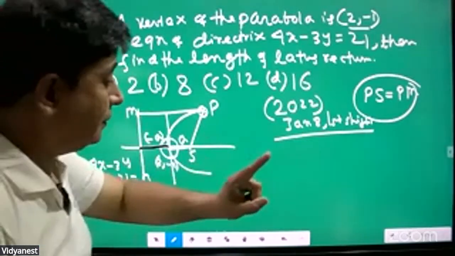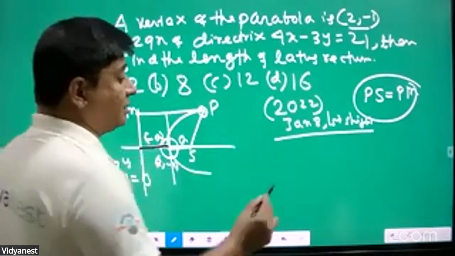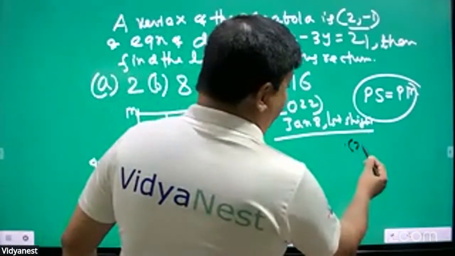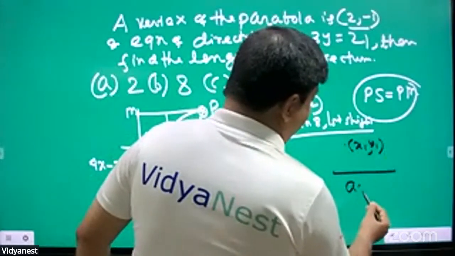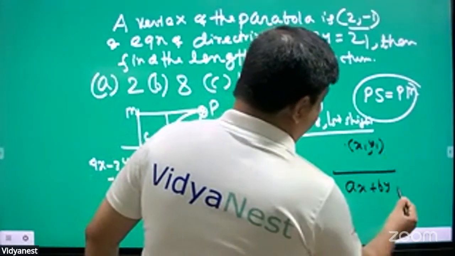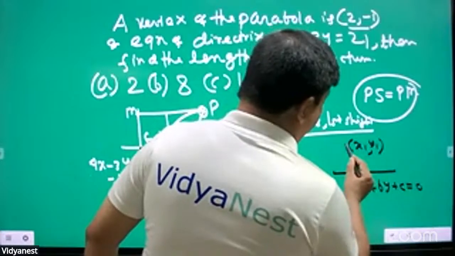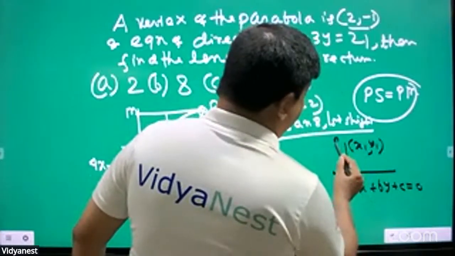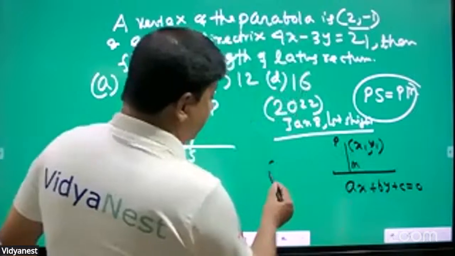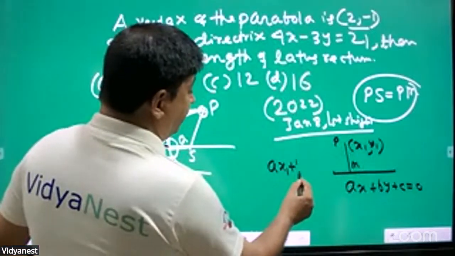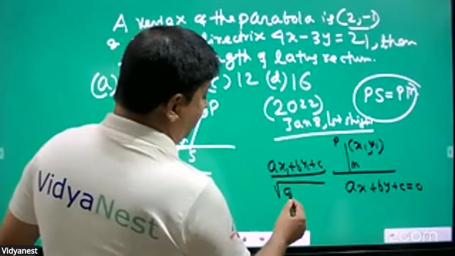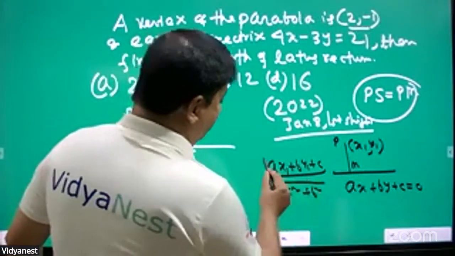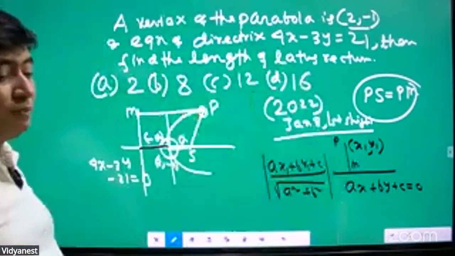What formula are you taught in straight line? Just recall in a second. I am reminding you, ax plus by plus c equals 0. What is the perpendicular distance? It is mod of ax1 plus by1 plus c by root over of a square plus b square. That is the perpendicular distance.